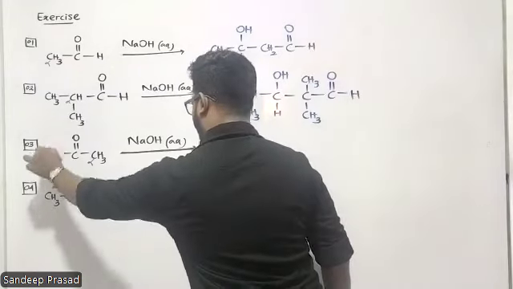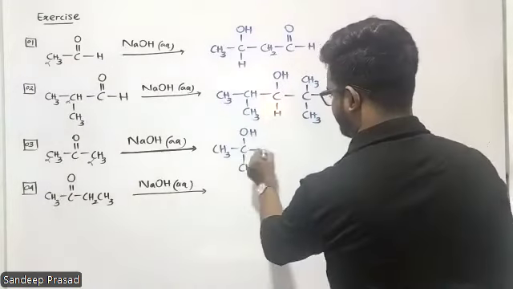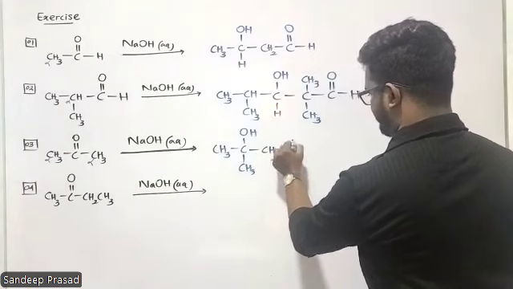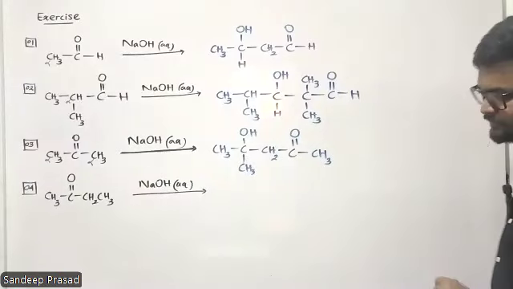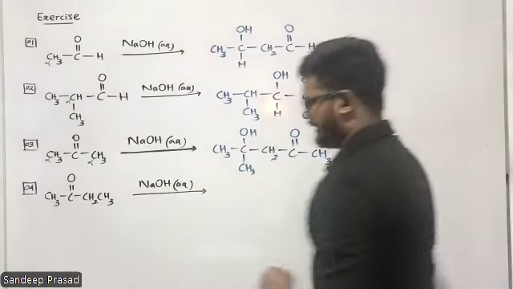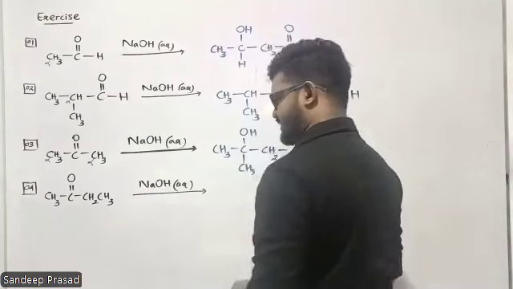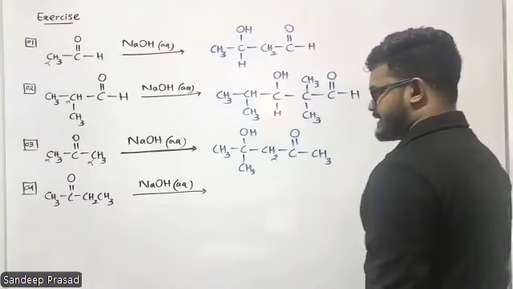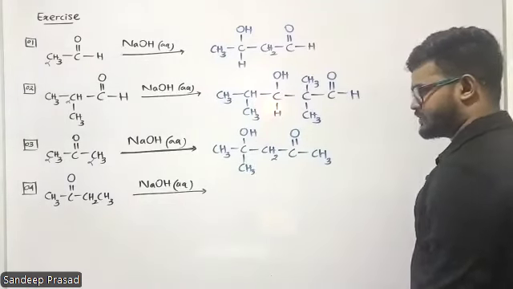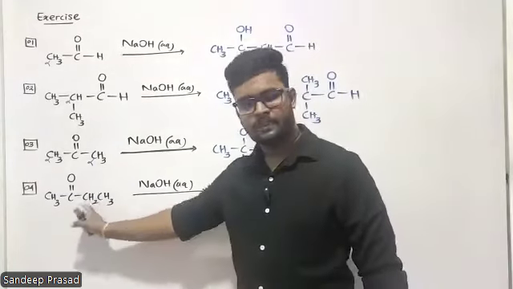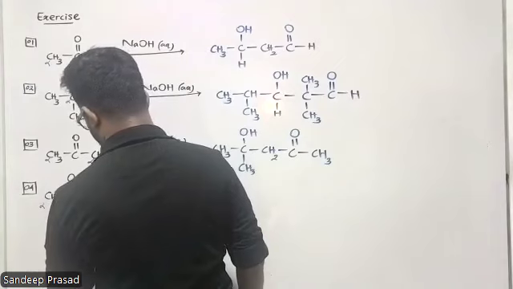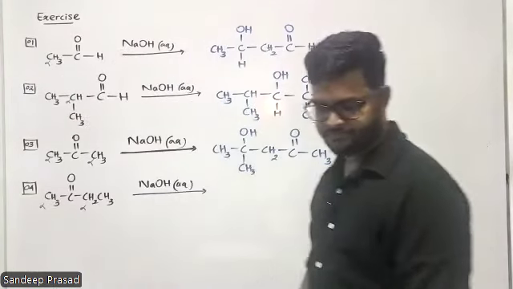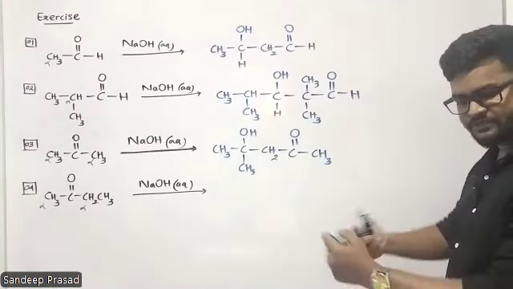After removal of the alpha hydrogen from this compound, this is CH2, C double bond CH3 in this way, right? And here you can see that sodium hydroxide is added to this compound. What will happen? Here we have two alpha carbon atoms, right? So you can take this one or this one, doesn't matter. So that means we have two products.